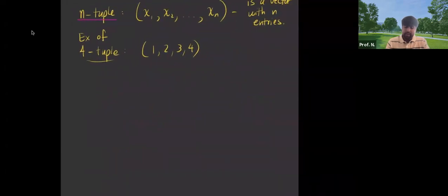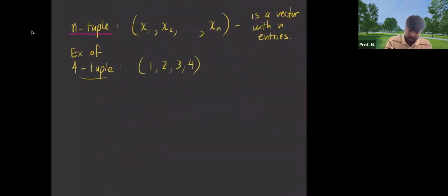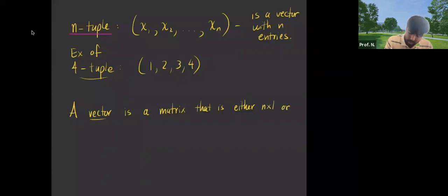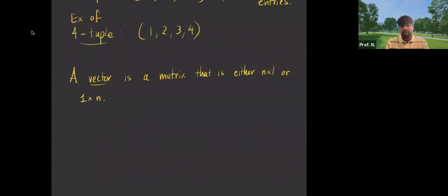Okay, and then these vectors can be expressed in two ways. So a vector, we're going to define it as a matrix that is either n by 1 or 1 by n. So a vector is a matrix that has either n rows and one column, or one row and n columns.